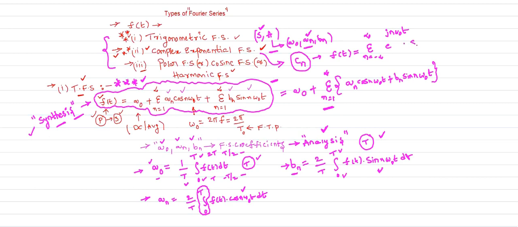Here Cn is the complex exponential Fourier series coefficient. You will get f of t, which is the complex exponential Fourier series expansion. Cn is very important. This is your analysis equation, and this equation is called the synthesis equation in the case of the complex exponential Fourier series expansion.